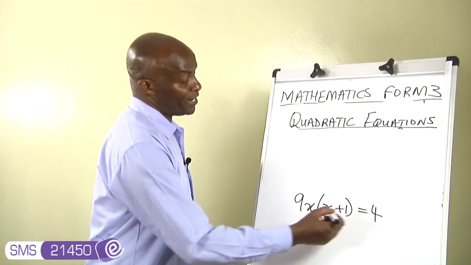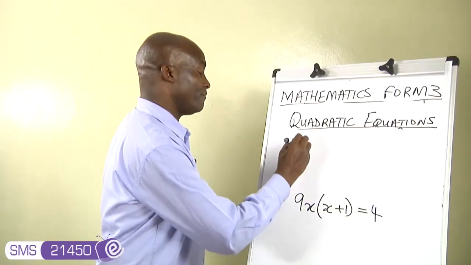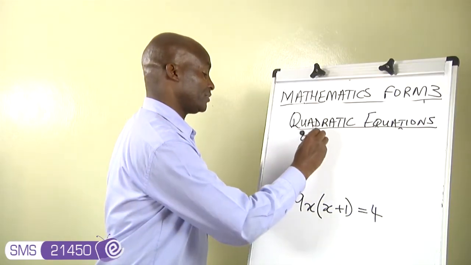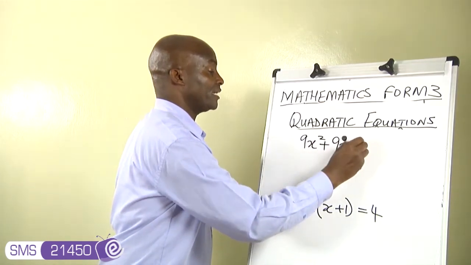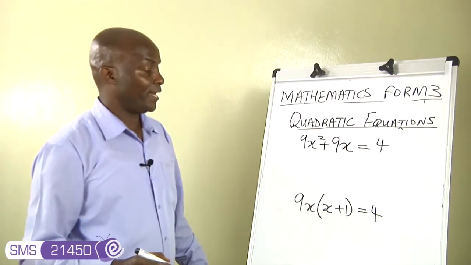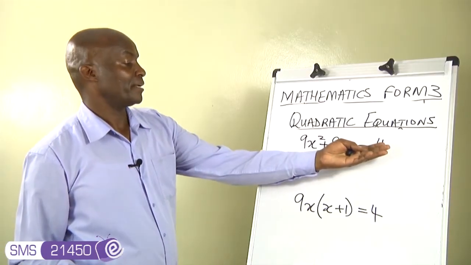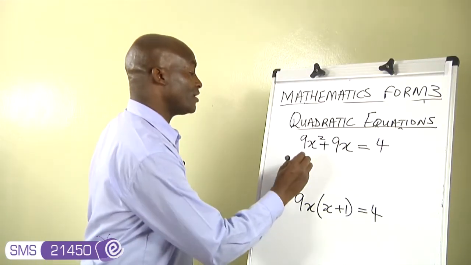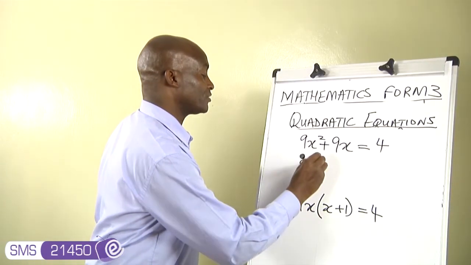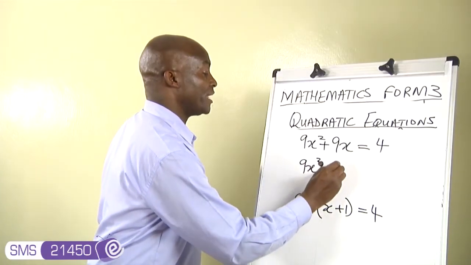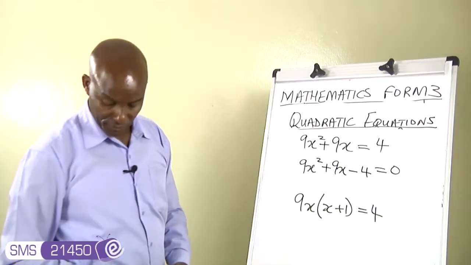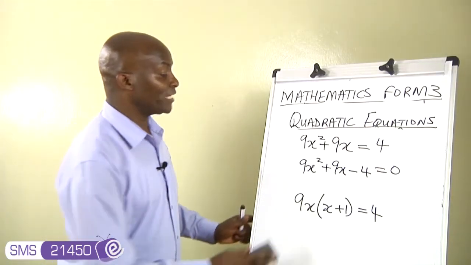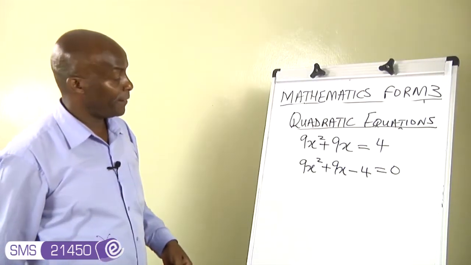So opening this bracket, we will have 9x squared plus 9x is equal to 4. And then bringing positive 4 to the left-hand side, we get 9x squared plus 9x minus 4 is equal to 0.